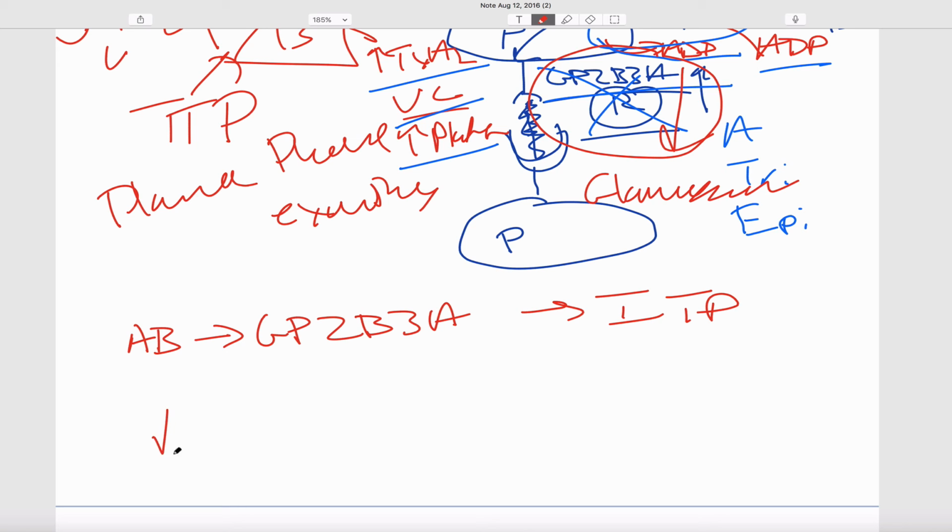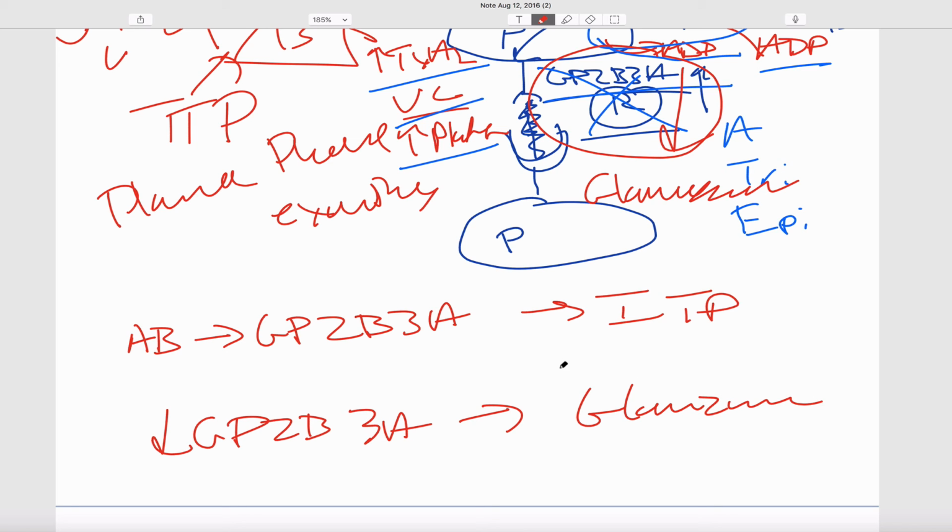A deficiency in glycoprotein 2b3a is your Glanzmann's, and it is blocked by the glycoprotein 2b3a receptor blockers, which are your abciximab, tirofiban, and eptifibatide. And that will do us for this talk.